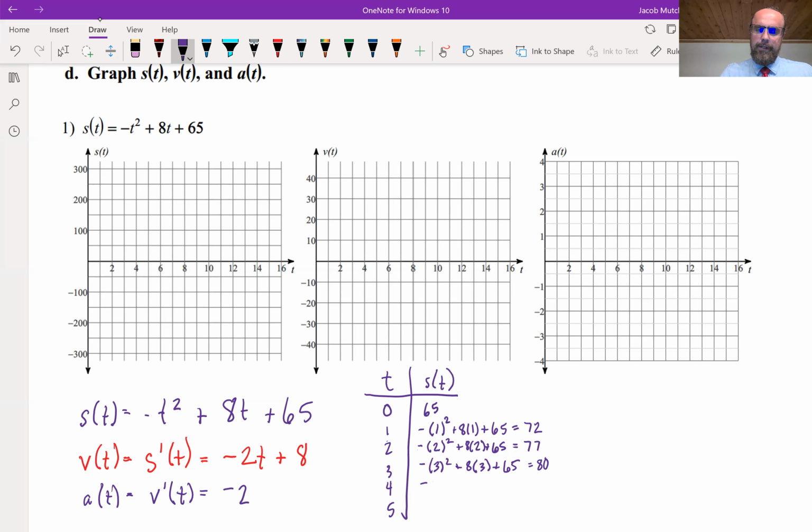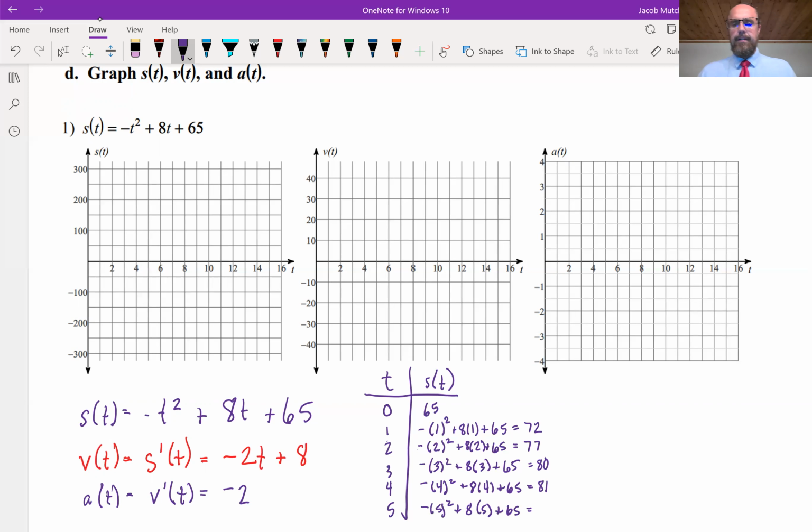And then at 4, negative 4 squared plus 8 times 4 plus 65. So that'll be negative 16 plus 32, which is going to be 16 plus 65. And that's going to be 81. And then at 5, negative 5 squared plus 8 times 5 plus 65.